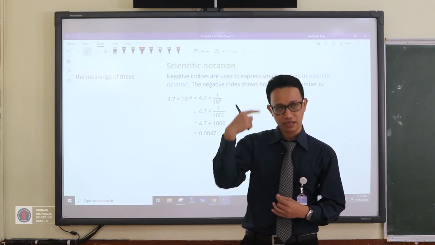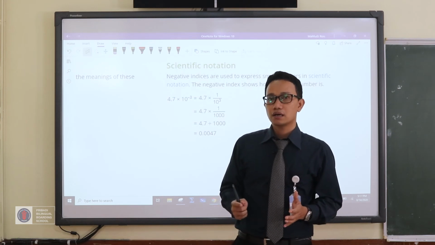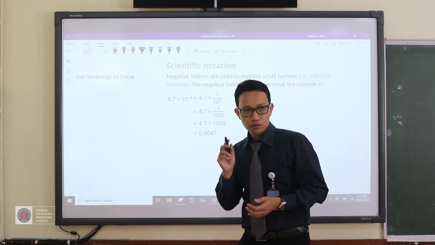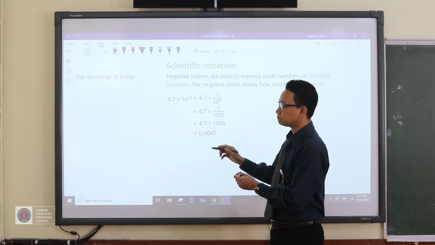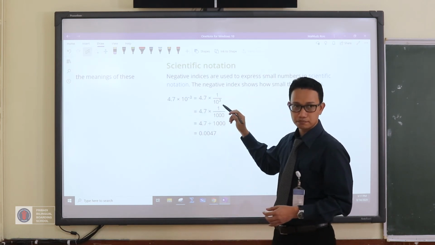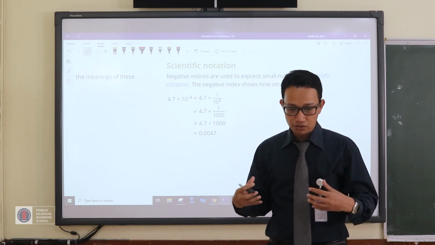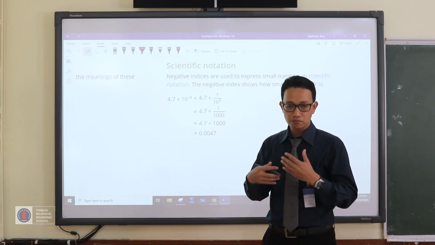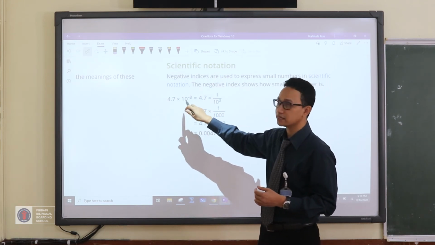If you want to divide 1 by 1 billion, instead of writing 1 over 1 followed by so many zeros, you can just write a power of 10. We transform the many zeros into indices, and for small or micro or nano quantities, it's better to write scientific notation using negative indices.